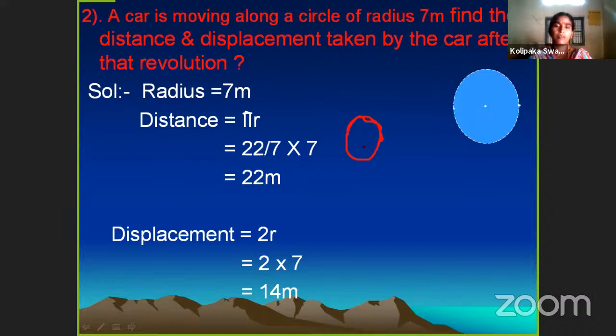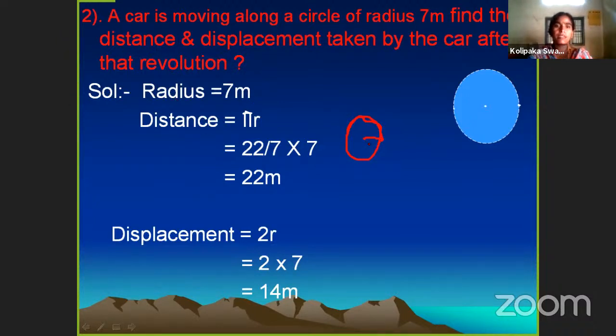This is the circle. This is the center of the circle, and the radius of the circle is 7 meters. Find the distance and displacement taken by the car after that revolution. Sorry, after the half revolution.